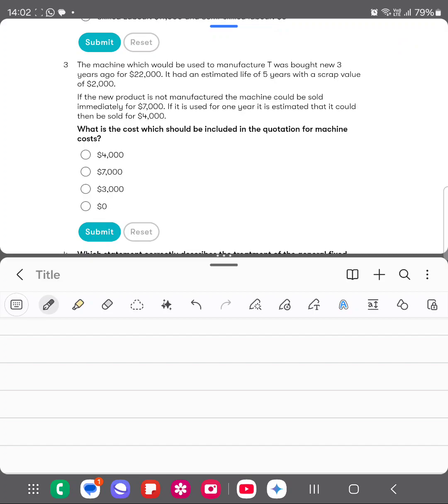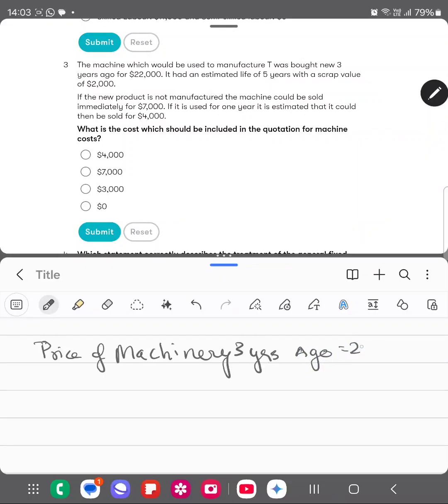So in this case, it is saying that there is the current price. It is not the current price, sorry. So 3 years ago, the price of machinery was 22,000.